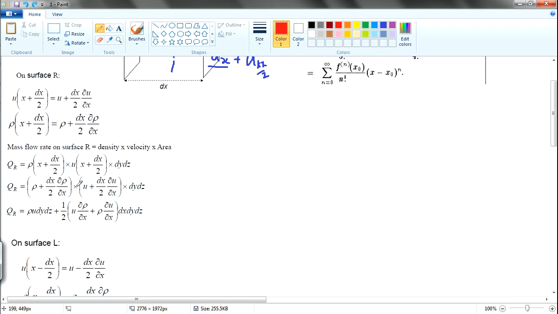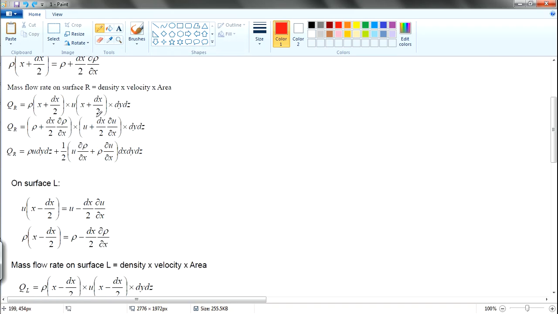Then now you have to do some multiplication. Maybe I should hold on a while. We should do it together. So rho times u, you have rho u. And then rho times dx over 2 partial u partial x plus dx over 2 u.